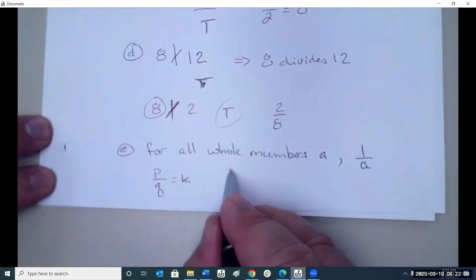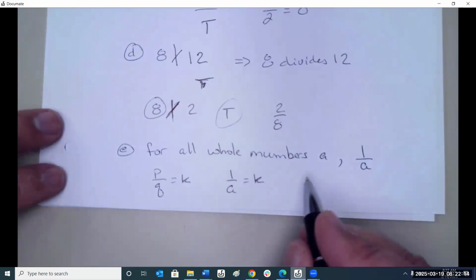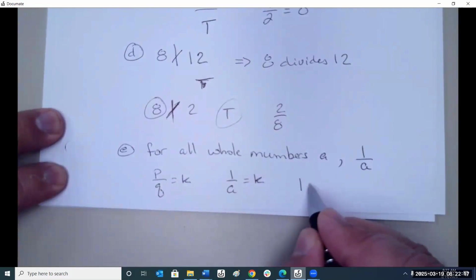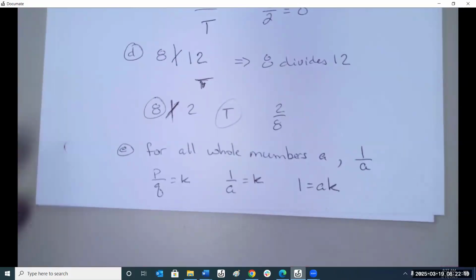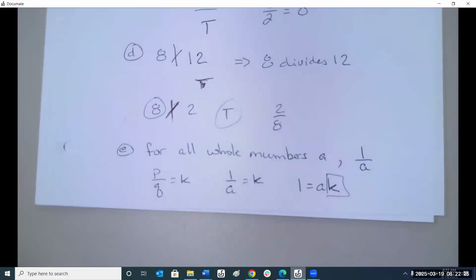So in our case, we have 1 over A equals K. Is there a unique number K that when I multiply it by A, it equals 1? True or false? Why?